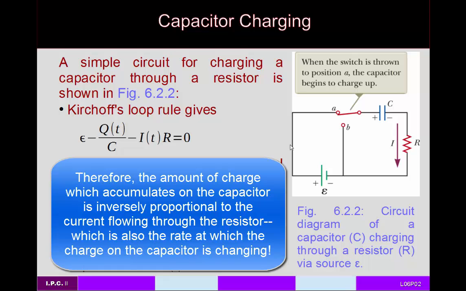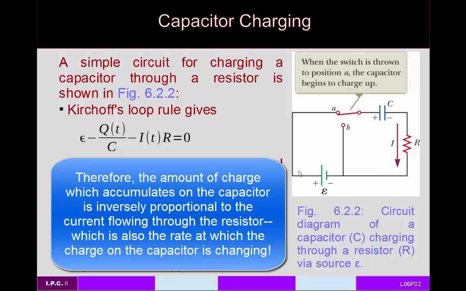Kirchhoff's loop rule basically says that the EMF from this battery, and again we're going to assume that this is an ideal battery, or we could alternatively assume that the internal resistance is included with this resistance R, minus the voltage drop across the capacitor minus the voltage drop across the resistor must be zero.